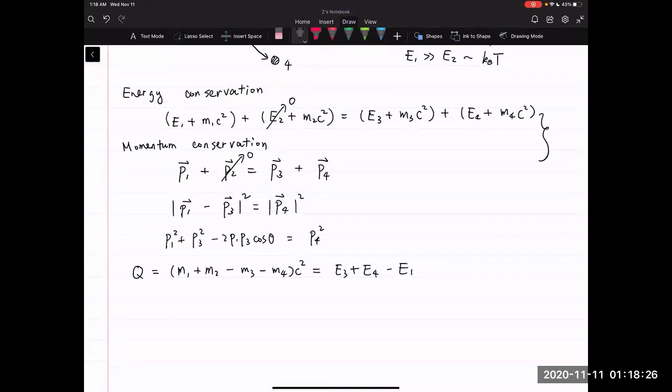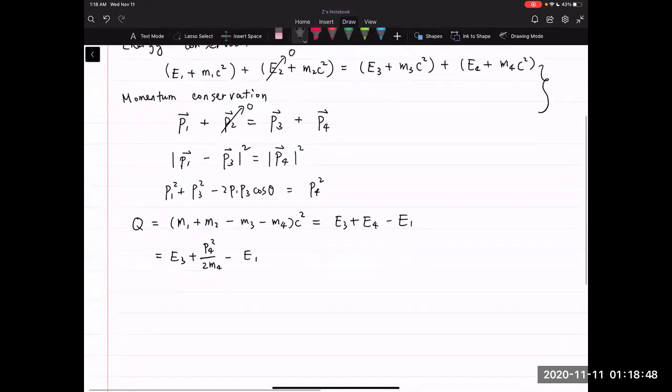Now we have a P4 squared, so we can get E4. E4 would be P4 squared over 2 M4.